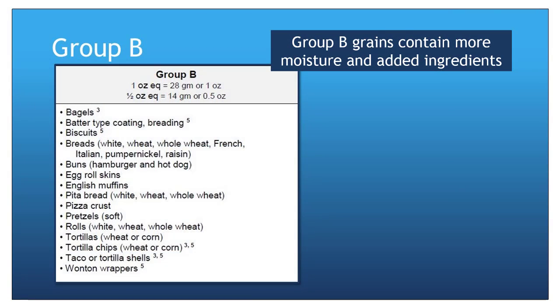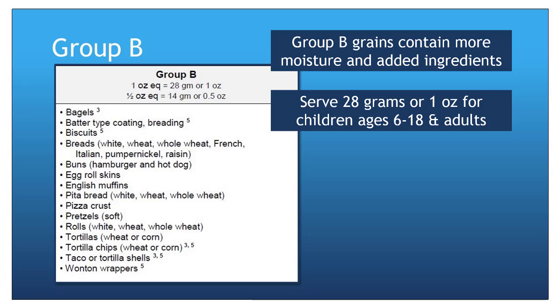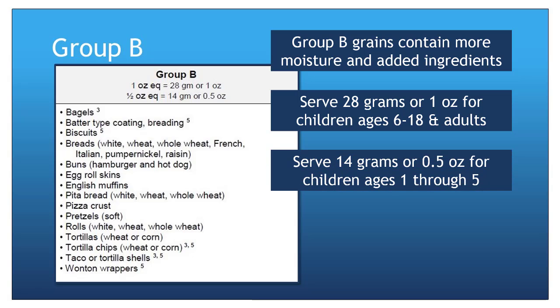Group B includes grain products that contain more moisture and added ingredients. The amount to serve is 28 grams or 1 ounce for children ages 6 through 18 and adults, and 14 grams or 0.5 ounces for children ages 1 through 5.